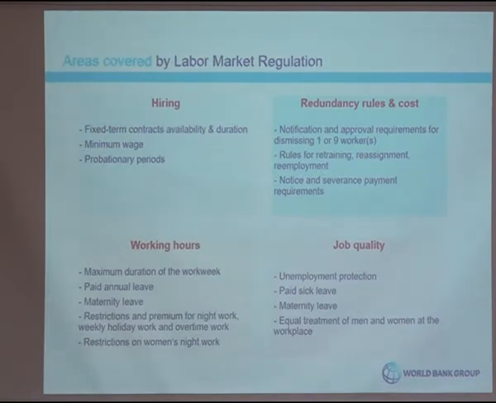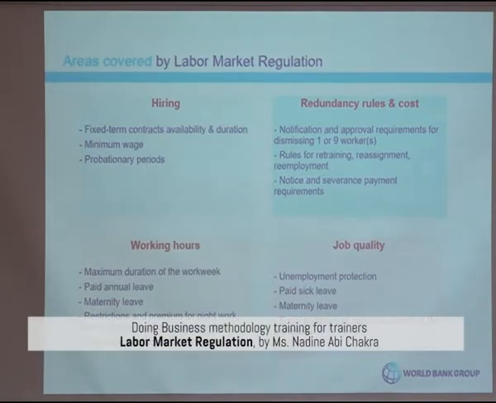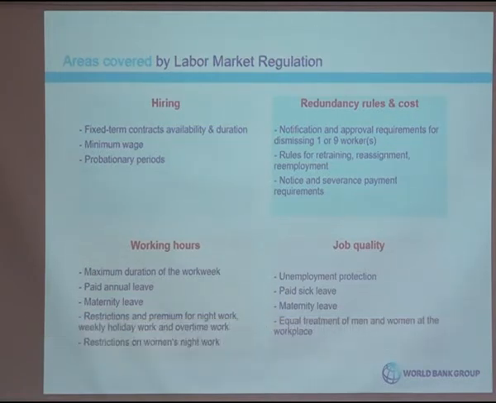The indicator in the Doing Business report is divided into 4 main indices. The first one assesses hiring, and we look at the availability and the duration of having fixed-term contracts. We look at the minimum wage in an economy, and what are the probationary periods given to employees.